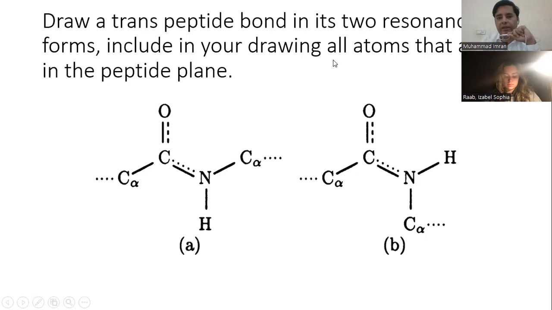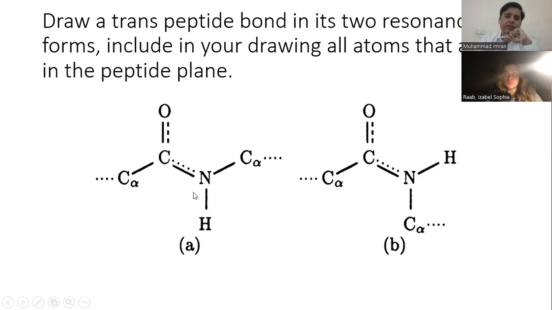Draw a trans peptide bond in two resonating forms. Include in your drawing all atoms that are in the peptide bond. Here you can write C double bond O and a single bond to N. Then you have C single bond O and C double bond N. Why? Because it is a resonating double bond between CO and CN.